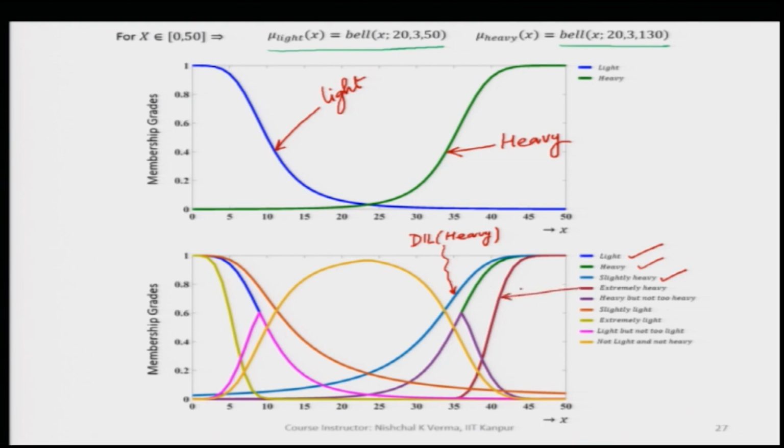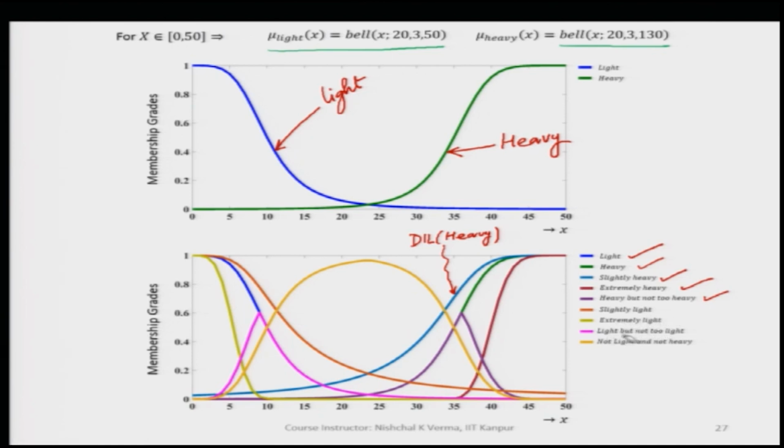This is extremely heavy, and similarly when we are interested in heavy but not too heavy, we use the connective but, and we get this by simply taking the intersection of heavy and not too heavy. When we are interested in slightly light, we take the value of K equal to 0.5 as I mentioned, we dilate, and similarly for extremely light we take the concentration 3 times, means K is equal to 8.